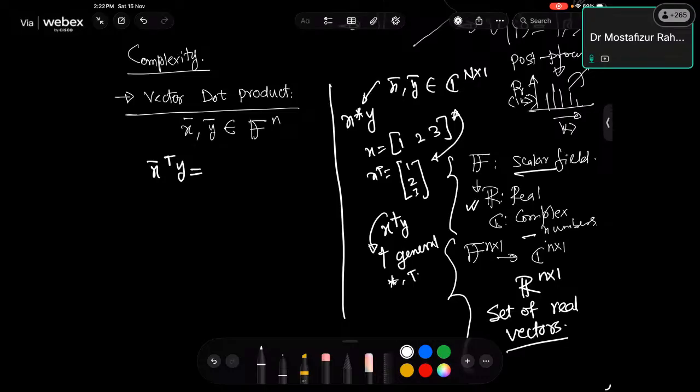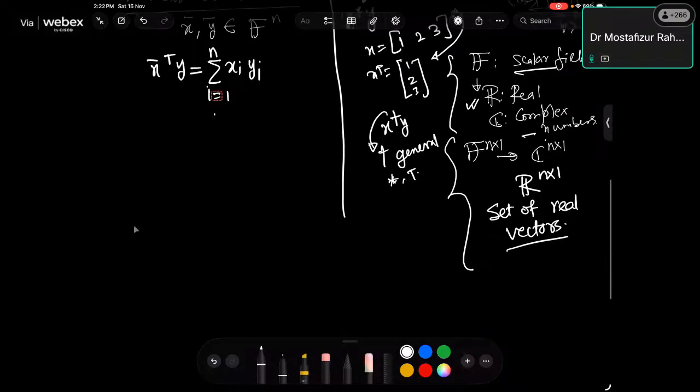Okay. So the definition is that X transpose Y equals the sum of xi times yi. I have two vectors and I want to do the dot product of the vectors. So basically i equals 1 to little n, right? N elements are in the x vector, and n elements are in the y vector.